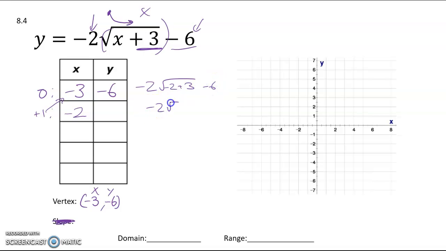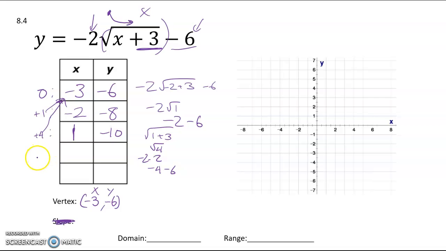That gets me negative 2 times the square root of 1, which is negative 2, minus 6, which is negative 8. From there, I'm going to add 4 to my original: 4 plus negative 3, not 4 plus this negative 2. That gets me 1. If I plug in 1, the square root of 1 plus 3 is the square root of 4, which is 2, times negative 2 is negative 4, minus 6 is negative 10.